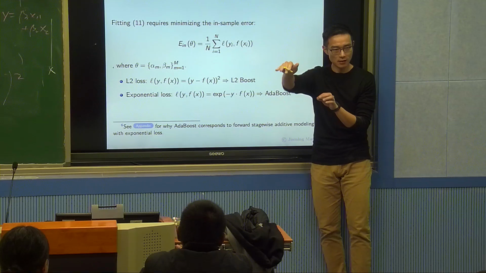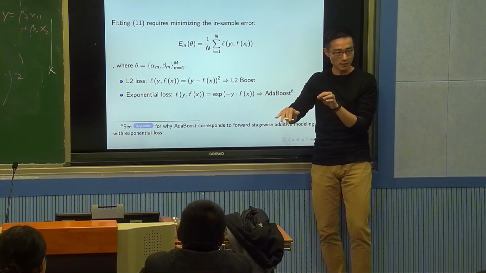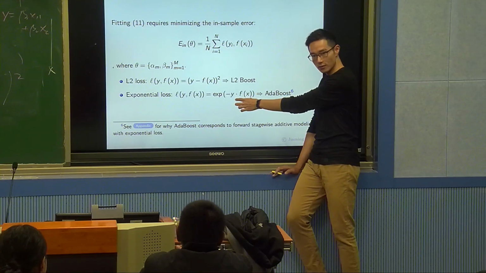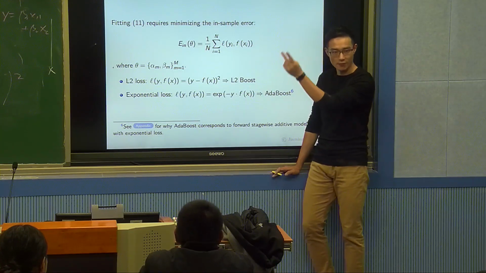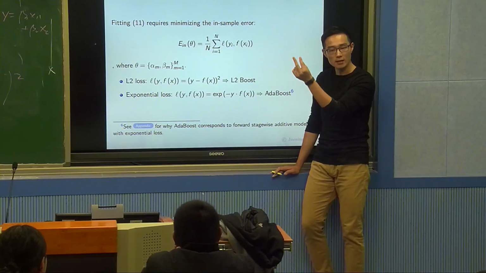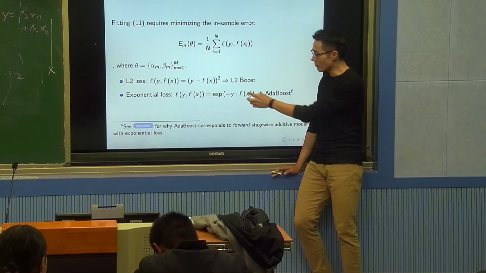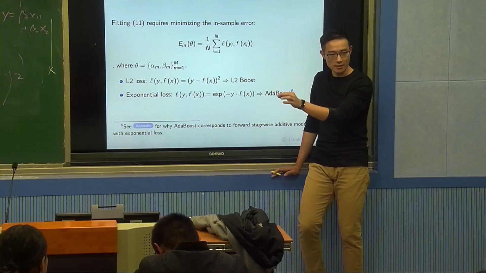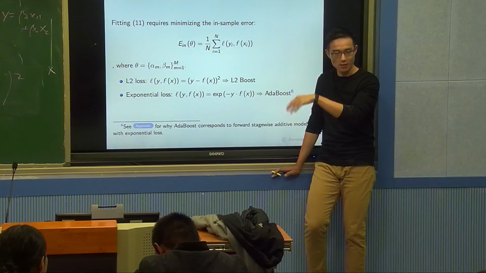If f is negative, we predict y to be negative 1. Which means if y times f is positive, either y is positive and f is positive, or y is negative and f is negative, which means they're correctly classified. So whenever the margin is positive, it's a correct classification. Whenever the margin is negative, it's an incorrect classification.